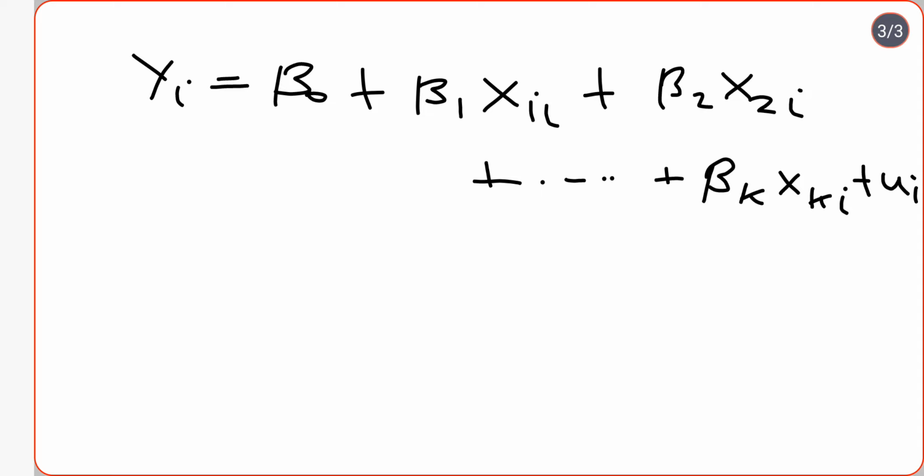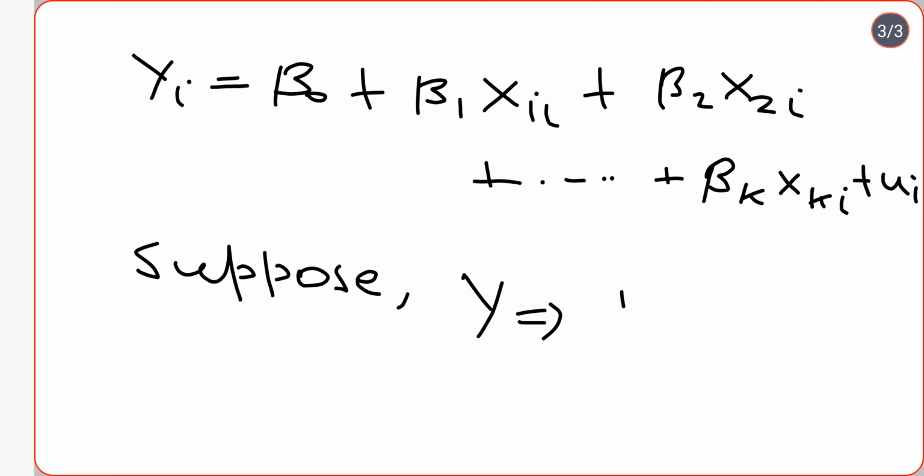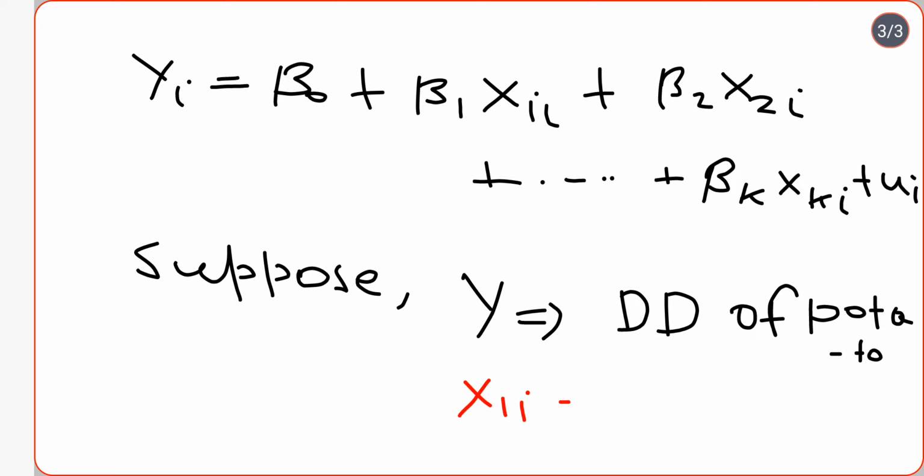Now suppose y is the demand of potato. So the dependent variable is basically the demand of potato, and there are some other variables like x1i, which is the first independent variable. It is nothing but the price of potato.